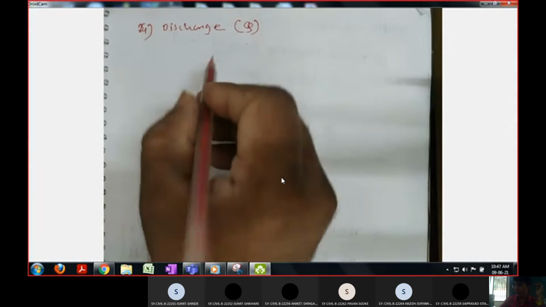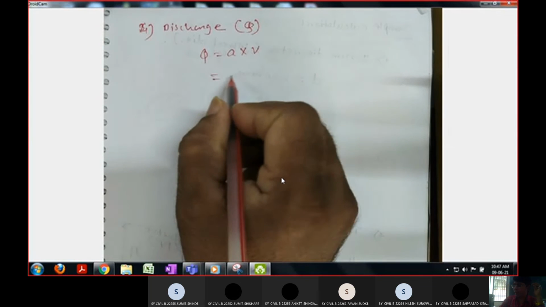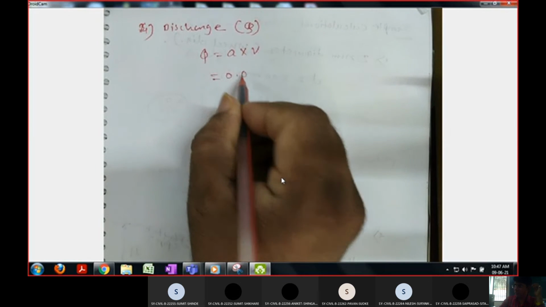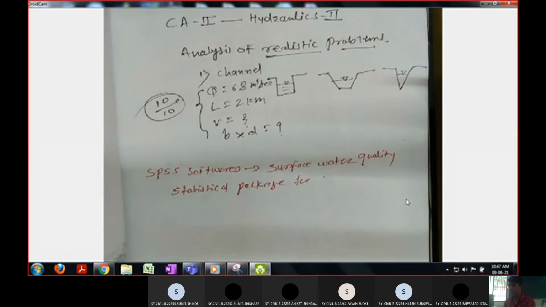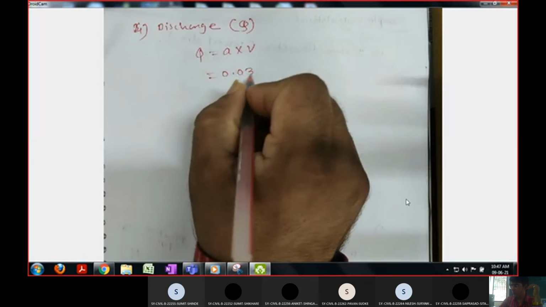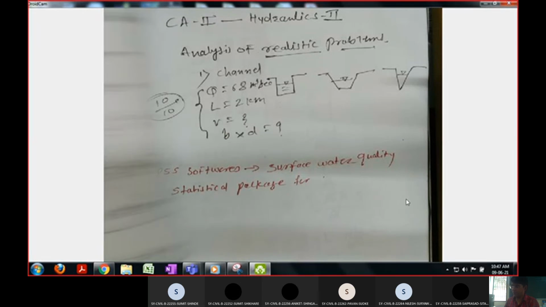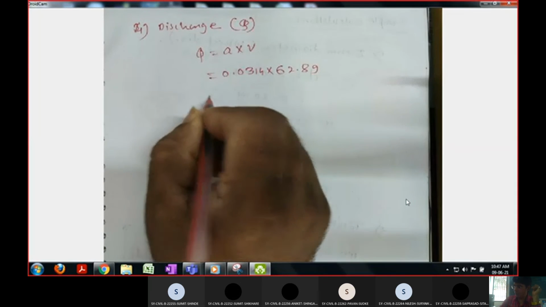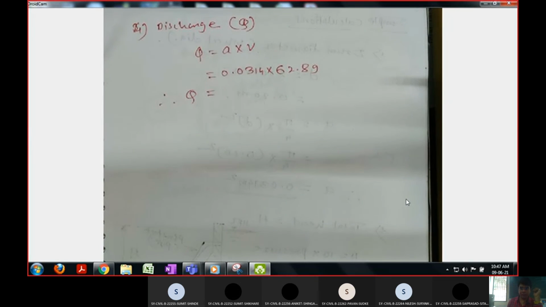So how will you find out? Area into velocity. So we have the area. 0.0 किती आला होता? एरिया किती आला होता? 0.0314 into velocity 62.89. Now calculate the discharge, that is rate of flow.